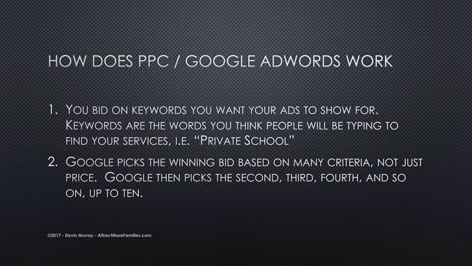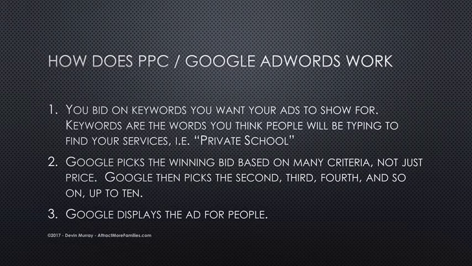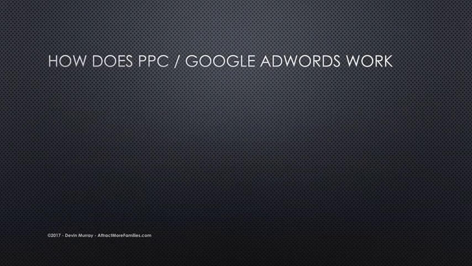That's actually what has made Google so big, when they added that part of the equation. It also has to do with how often people stay on your page, the quality score, and a bunch of other factors that go into how well you rank. But you get picked and you're number 1 through 10. Then Google displays the ads for the people.